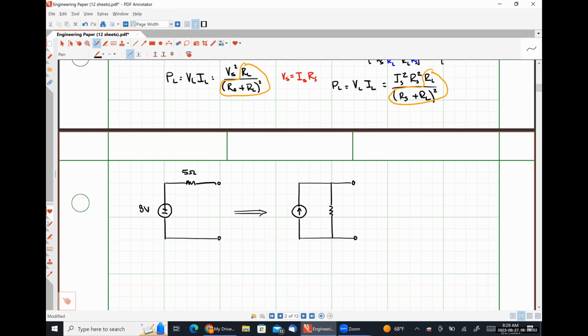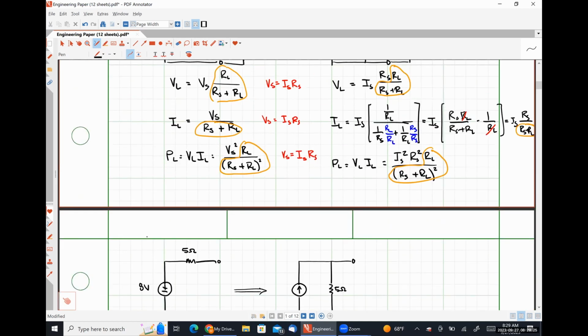My resistor value has to stay the same. So if I had a 5 ohm resistance, I have to continue having a 5 ohm resistance. What should the magnitude of this current source be? Eight over 5, right? Voltage divided by resistance.